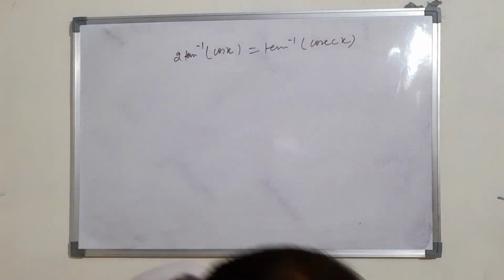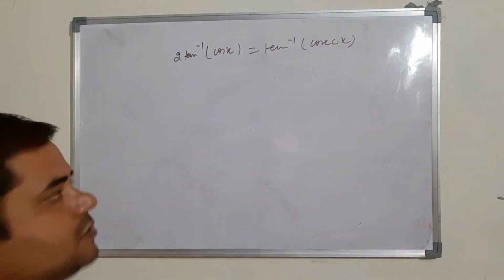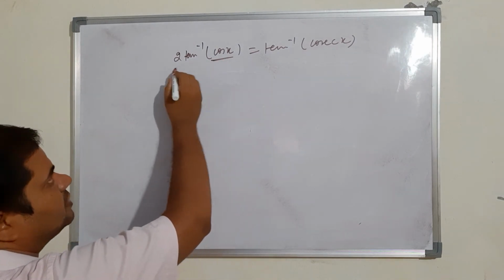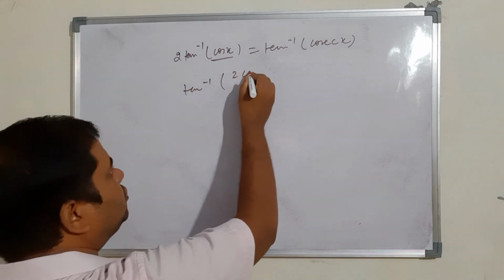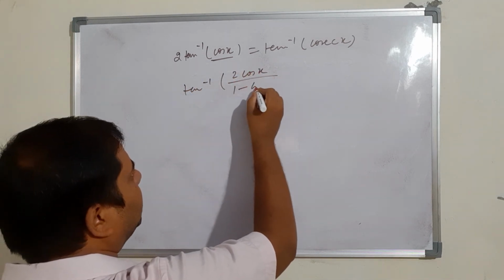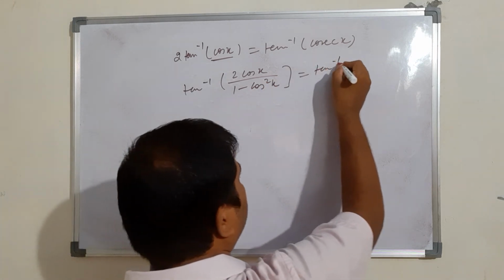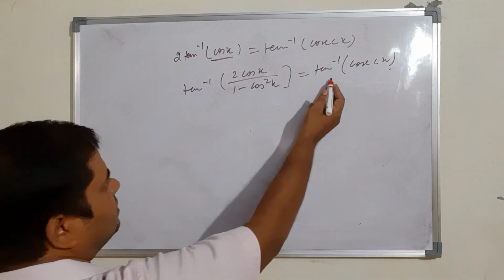You have to solve the following and find the value of x. Okay, so this is treated as 2 tan inverse x, then this is tan inverse of 2x divided by 1 minus x square. This is tan inverse of cosec x only.